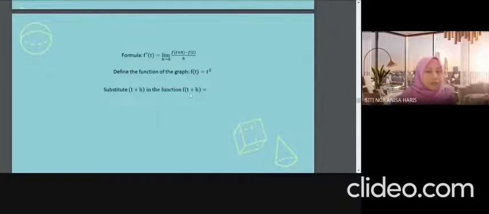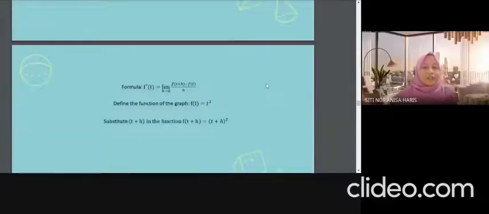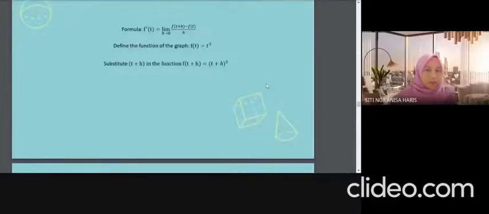We already have the function of t, which is t squared. How about the function of t plus h? We just substitute the value in this equation. t plus h squared. Okay, good. We will get t plus h squared. This is the information that we will need in our calculation.